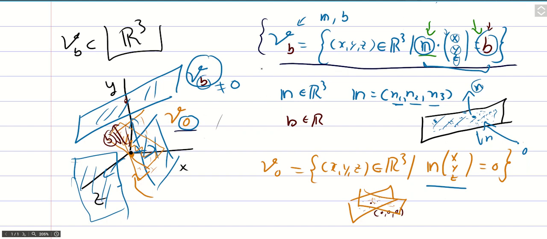So we need to show that these planes that don't pass through the origin cannot be a vector space. Actually, what we need to prove, the whole statement, is that V of b is a vector space if and only if b is equal to 0.